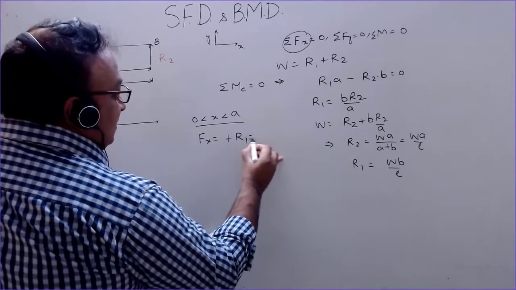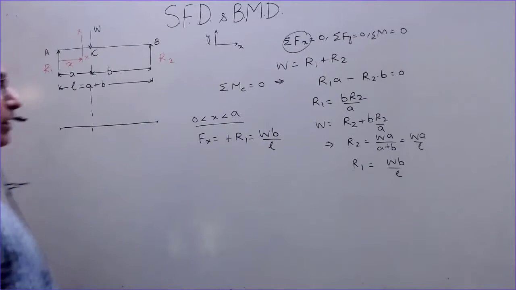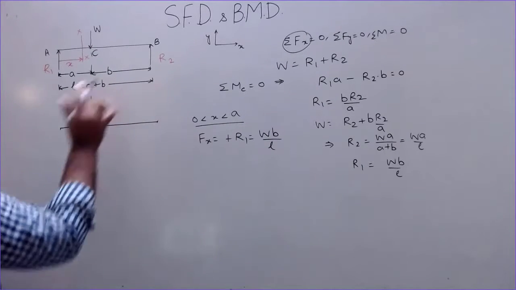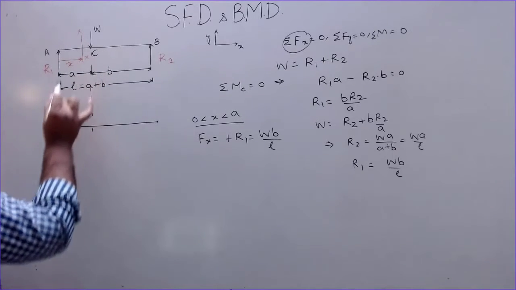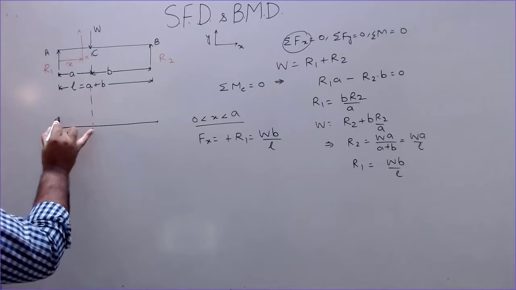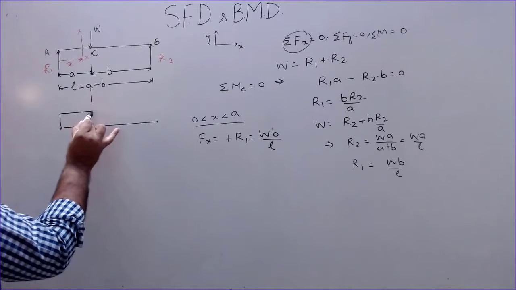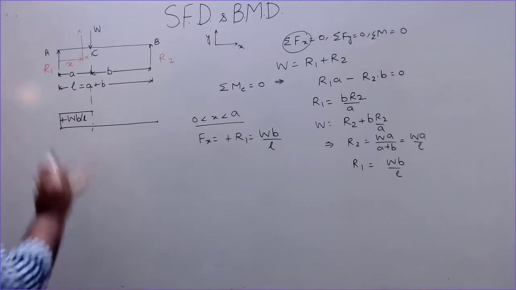So this is equal to WB divided by L, which is a constant value. So the shear force from this point to this point is constant, WB by L, with a positive sign.